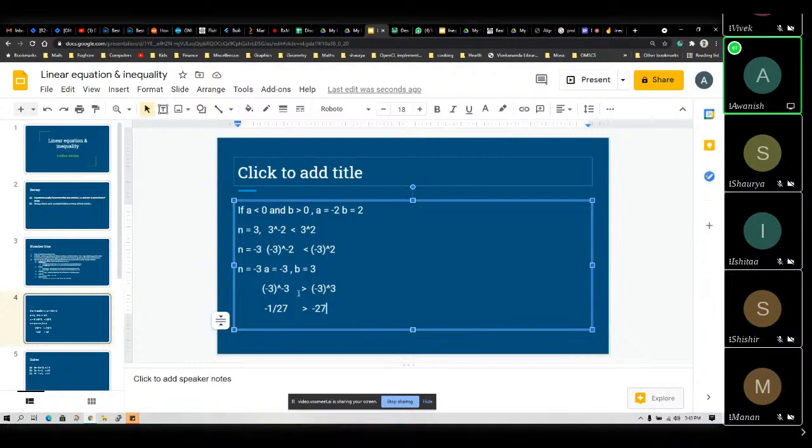So you need to just remember that when we are taking an even power of negative numbers, that becomes positive. Taking odd powers of negative numbers, that becomes negative.